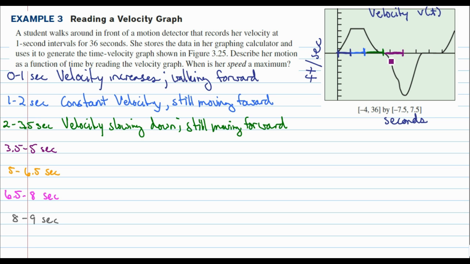She's at like -1 feet per second, -2, -3, -4, -5, all the way down to about -7 feet per second. Now it's tricky to say that her velocity is getting faster, because that is true, you just can't say that her velocity is increasing, because the graph of velocity here is decreasing.